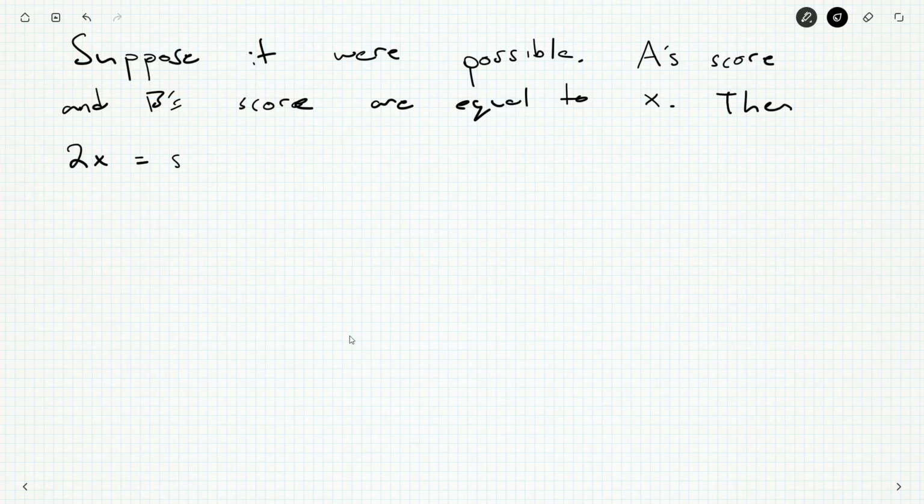Then 2x is equal to the sum of all the slips, which is 1 plus 2... Hey, we've seen this argument before.